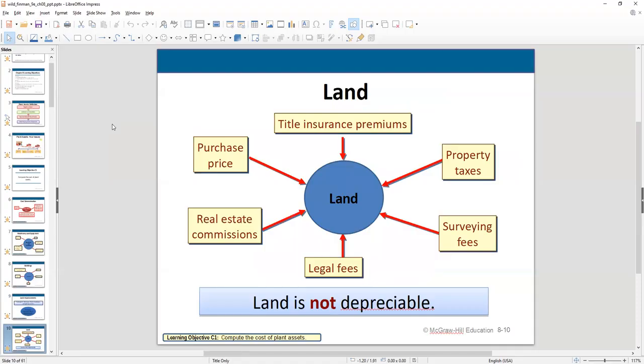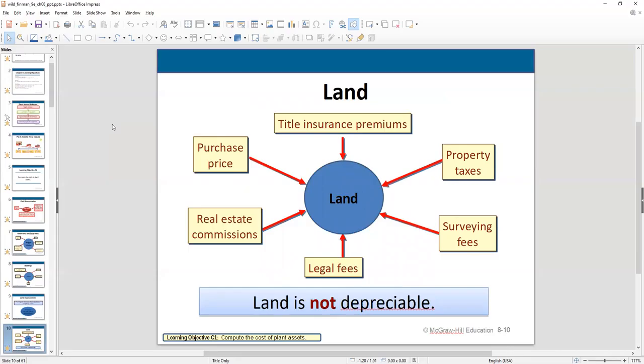Land is a little bit different. Land you will carry on the books at its acquisition cost, but we're not going to depreciate it. It's going to stay the same from the day you bought it until you sell it. So that's important. When we do a tax return and we add buildings that are attached to land, where they buy a building with land, we actually have to separate out the land when we list the building.